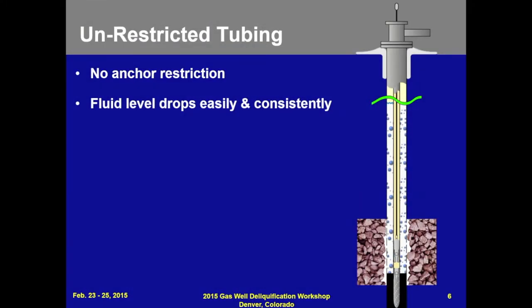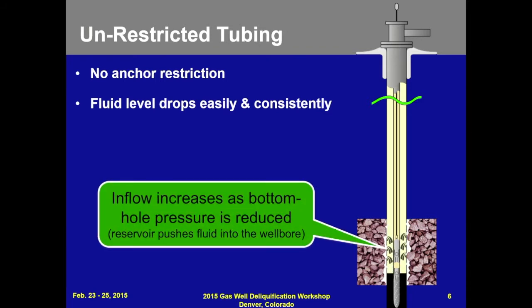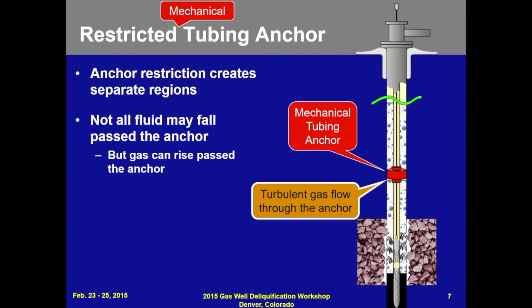In an unrestricted wellbore, gas rises, fluid settles around the pump, the pump removes that fluid, and the reservoir pushes fluid back into the wellbore. This is how we'd like all of our wells to behave. By placing an anchor in the wellbore, we've created an artificial restriction. In this case, the mechanical tubing anchor creates two regions in the wellbore.